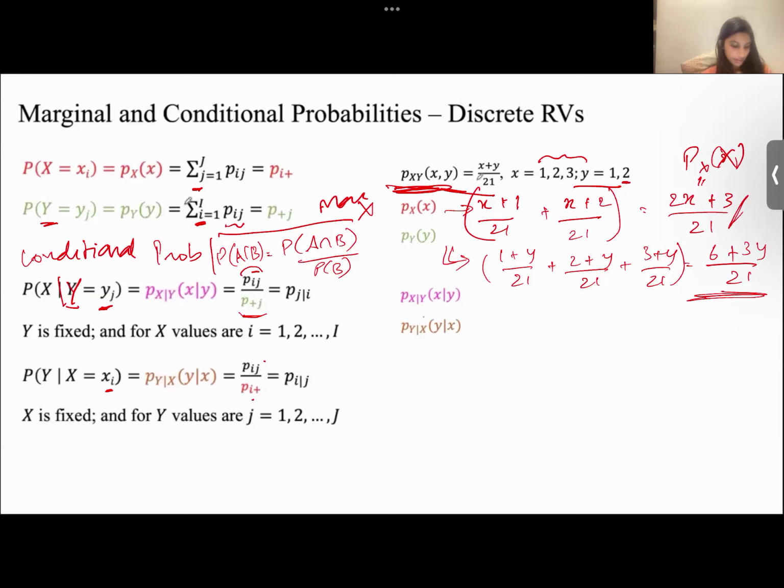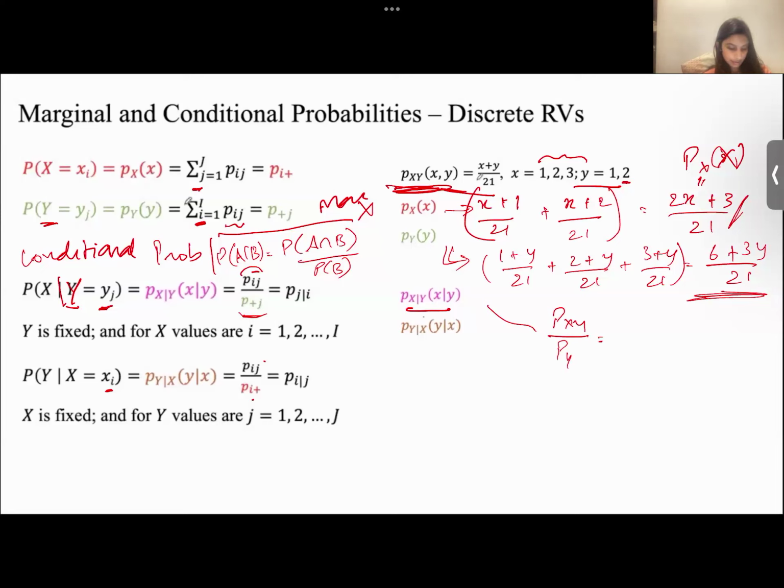Okay, anyway, let's continue. So we have calculated the marginal probabilities. Now we want to calculate the conditional probability for x given y. What do we do in this case? We just do P(x,y), the joint probability, divided by the marginal probability of y.